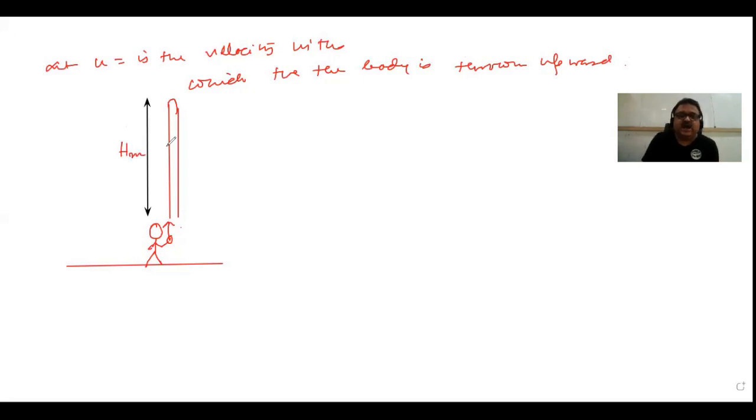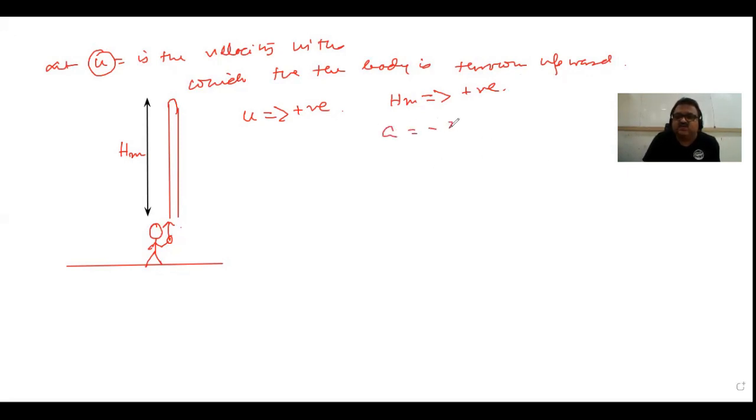Since you are throwing this ball upward with a velocity u, I told you this earlier, take this level as the reference one. You are throwing the ball above the reference level, that means it should be positive. So you have to consider the sign of u as positive. Now about this maximum height, H max is above the level, so it should be positive, correct? Clear? What is the sign of g?